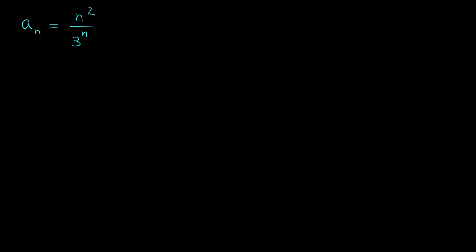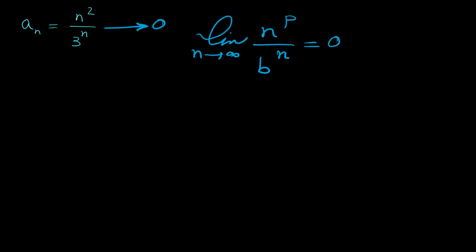Look at this example. If you remember the general fact that I told you in the previous question that we did together, that the limit of n to the p over b to the n, not b to the p, as n approaches infinity, is always 0. So immediately you can say that this limit is convergent and converges to 0.